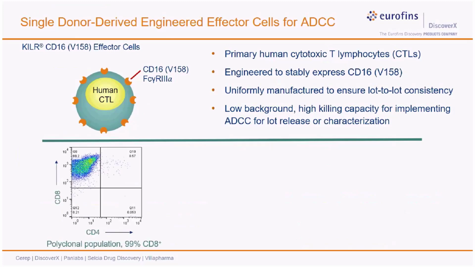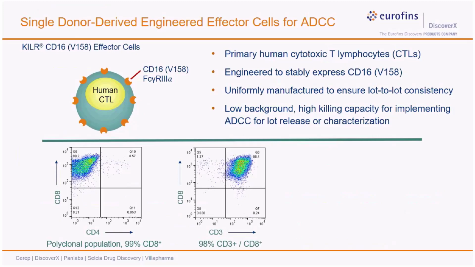Let's look at some of the key cell surface markers on these cells. Firstly, since these are cytotoxic T cells, they are CD8 positive and CD4 negative. The FACS data here shows over 99% of cells are CD8 positive. Next, they are also CD3 positive. CD3 is a hallmark of cytotoxic T cells. Being CD3 positive, they can also drive T cell redirection applications, which I'll be discussing in the later part of this webinar.